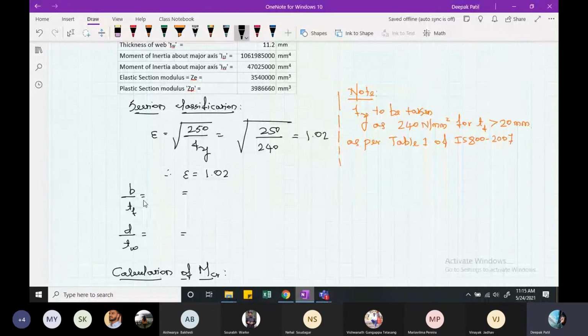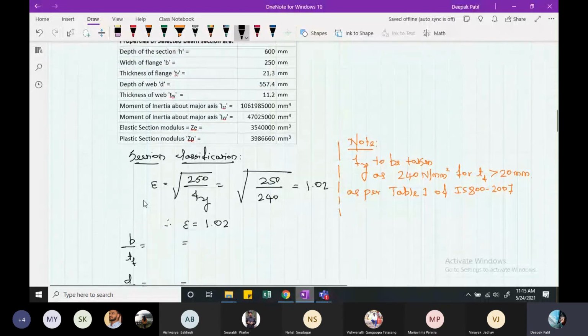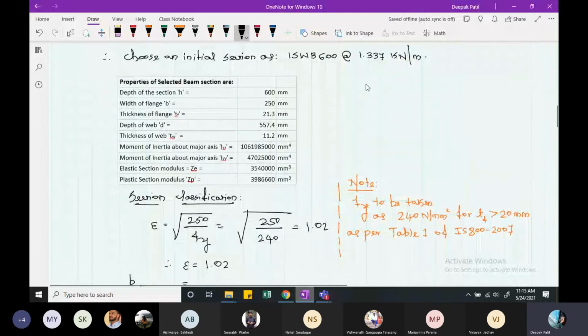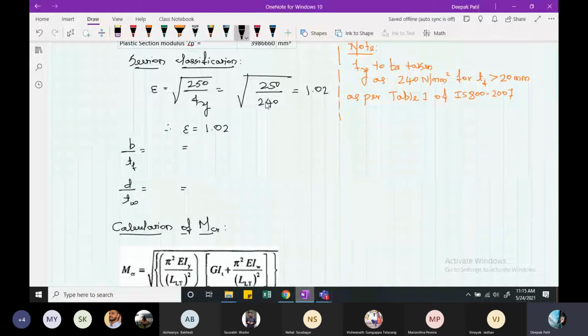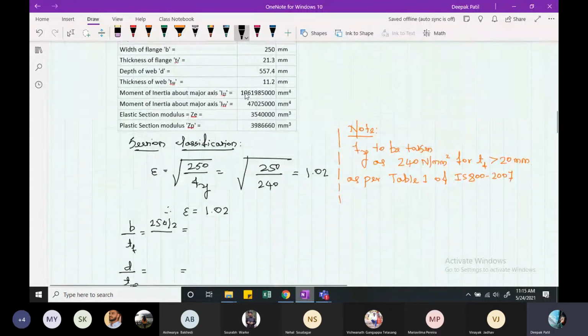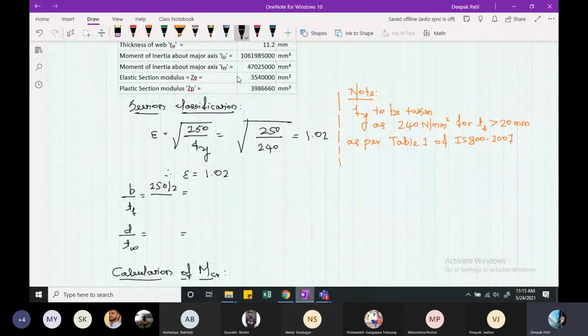So B is actually, you have to take 125 because I told you you have to take the outstanding width of the flange, that is 250 divided by 2, divided by the thickness of flange. Thickness of flange is 21.3.